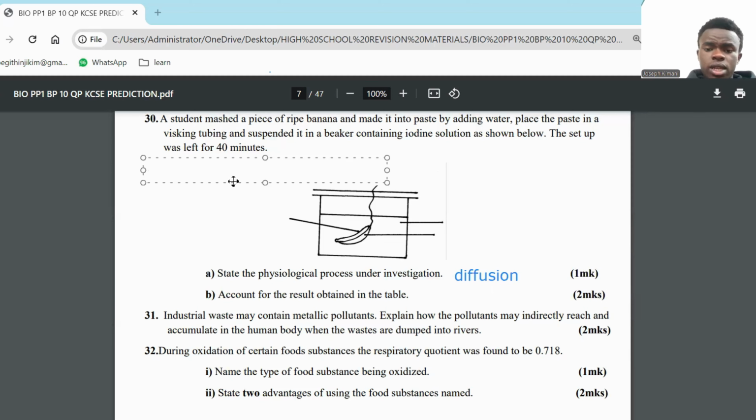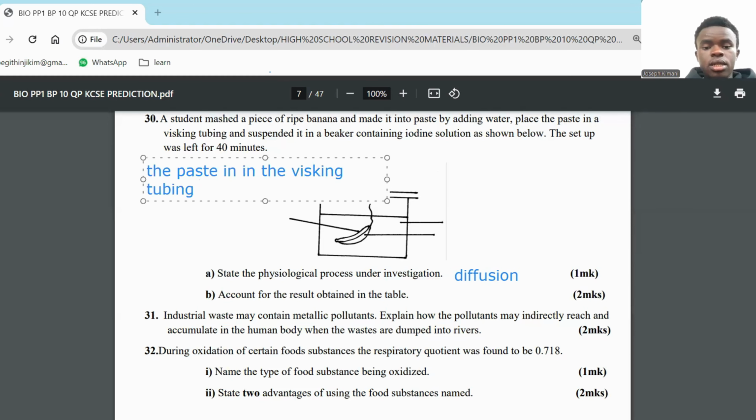Now, in this one here, we'll expect that the paste in the visking tubing turns blue-black. Why?